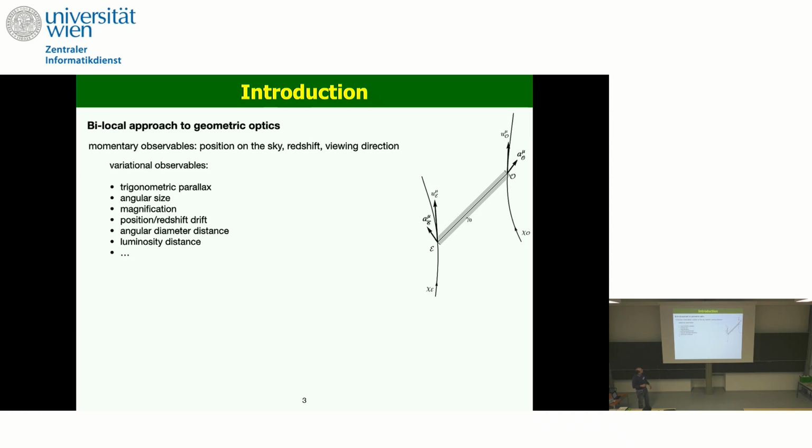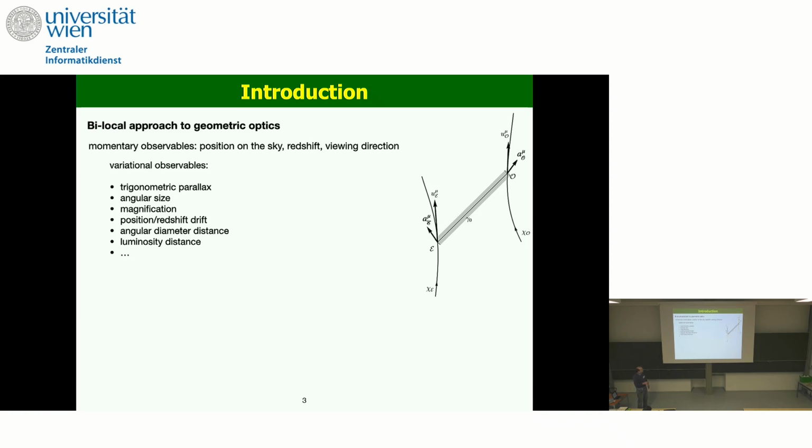But out of these primary observables, you can create what I would call the variational observables, which are related to the variations of these quantities when you displace the observation or the emission points. This is, for example, the trigonometric parallax. If you displace the observer by a little bit, the position on the sky will change a little bit. There's also the angular size.